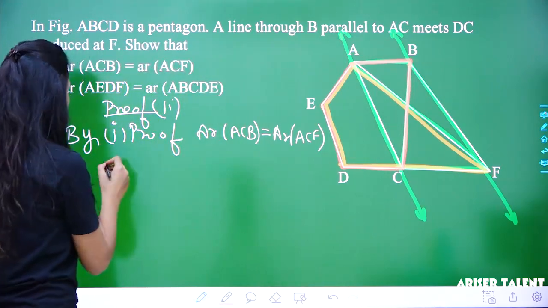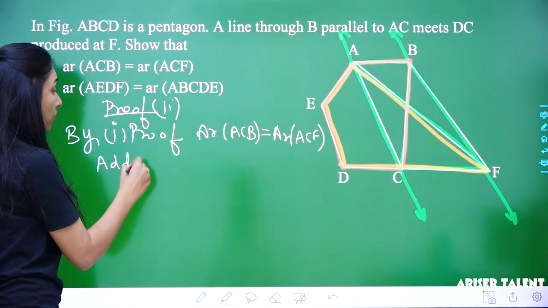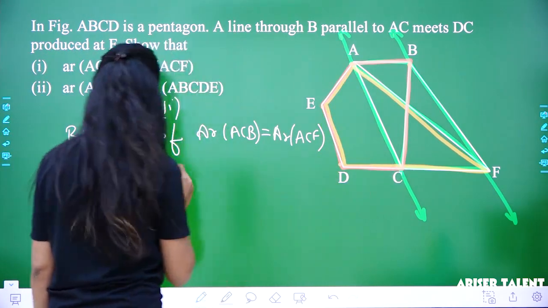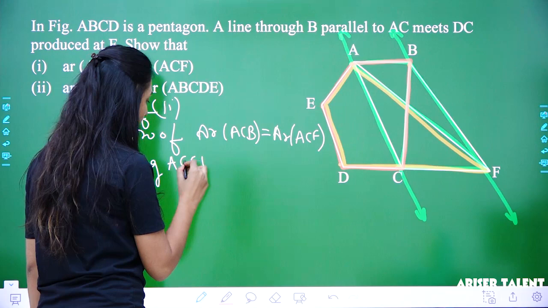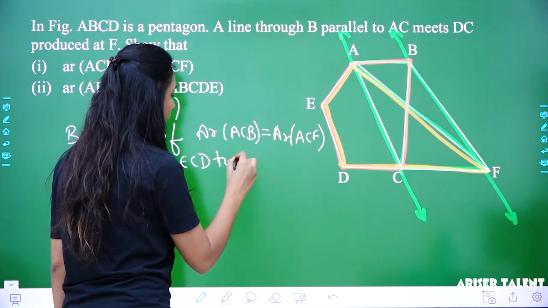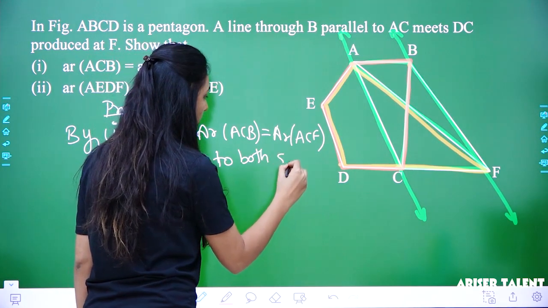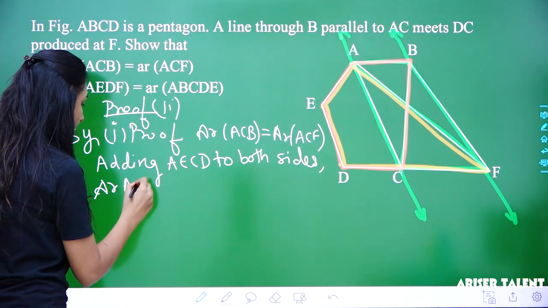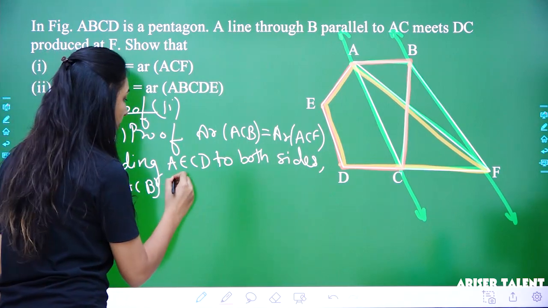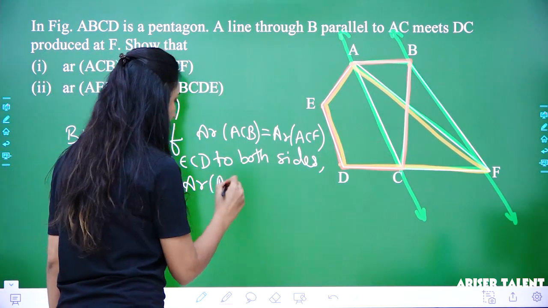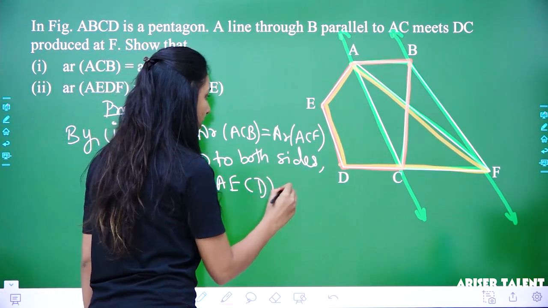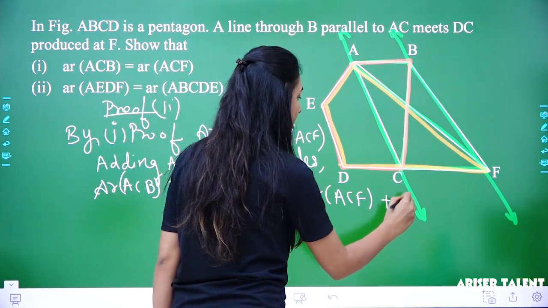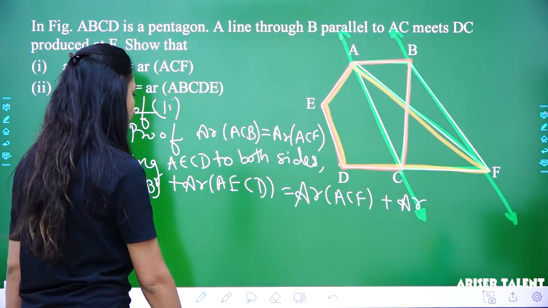So adding the common area AECD to both sides, what will we have? Area ACB plus area AECD will be equal to area ACF plus area AECD.